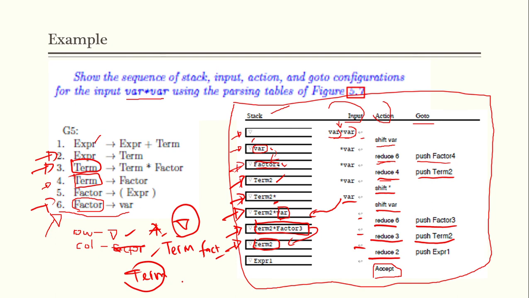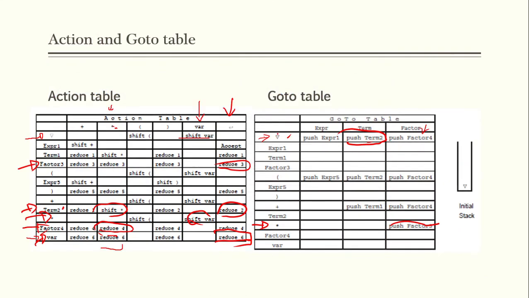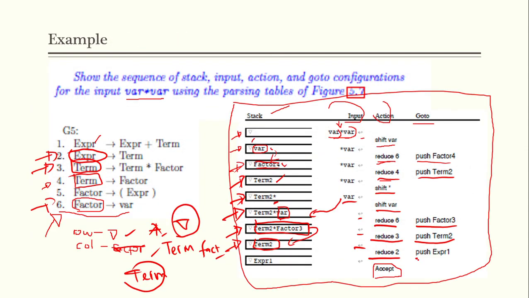The column refers to your rule, which is expression. EXPR will be your column. So triangle and EXPR. You see here push expression 1. So write down push expression 1. That means term 2 is replaced with expression 1.